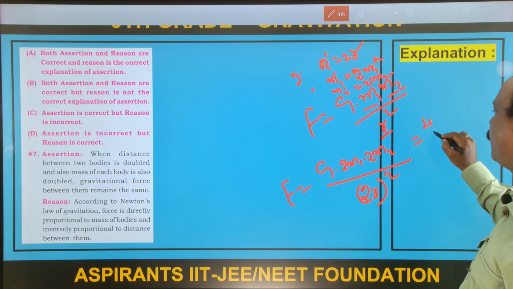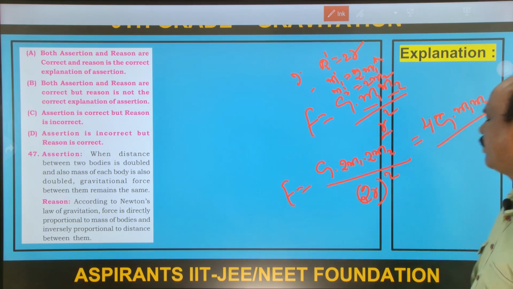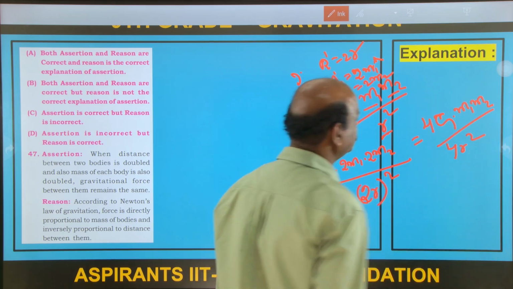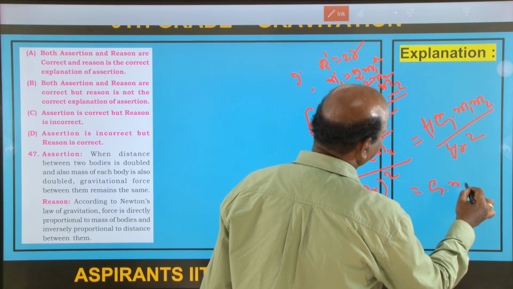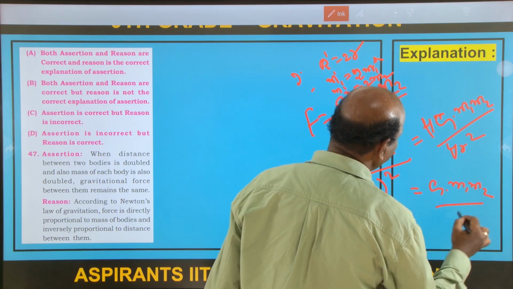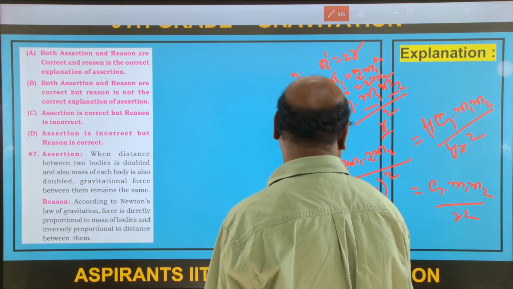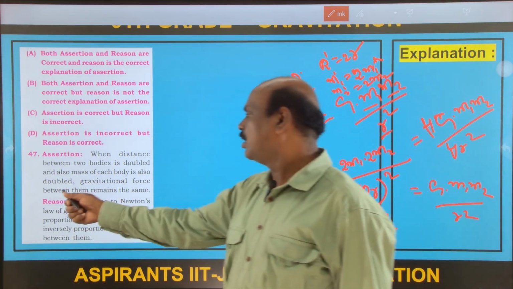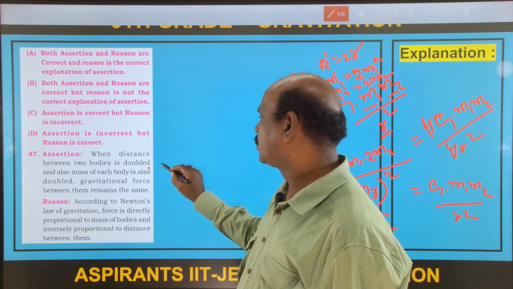This will become 4 G into M1 M2 by 2 square, which is 4 R square. Now if you observe, the 4 and 4 get cancelled, and the answer is G into M1 M2 by R square. So there is no change in the force. So F dash and F are the same. So the gravitational force remains the same. So this is true.